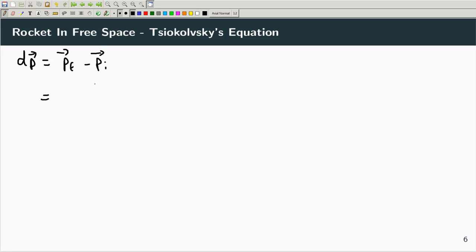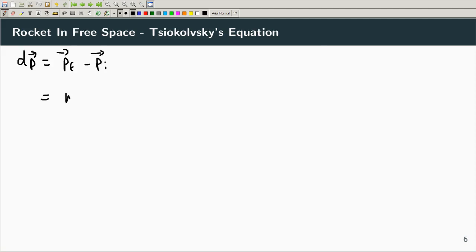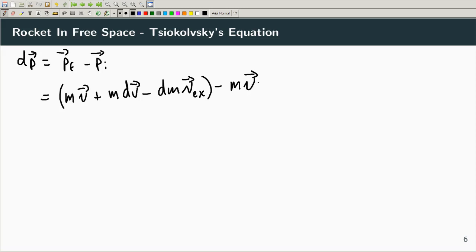and that was, so the final momentum was the mass times the initial velocity, plus the mass dv, minus the velocity with reference to the rocket, take away the initial momentum. So of course they cancel out.